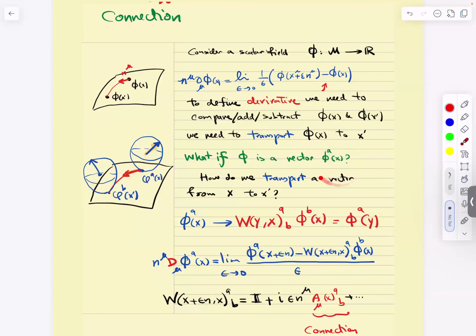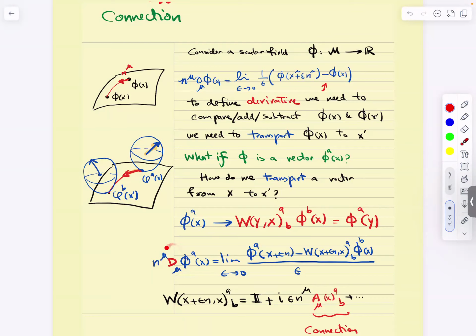So if phi is a vector, to transport a vector from phi of x to another point, you need to multiply it by a function of y and x. This is a non-local object. It's a matrix, right? That's the only meaning of saying that this is what a connection is. It will tell you what it means to say this point is the same as that point on the fiber.